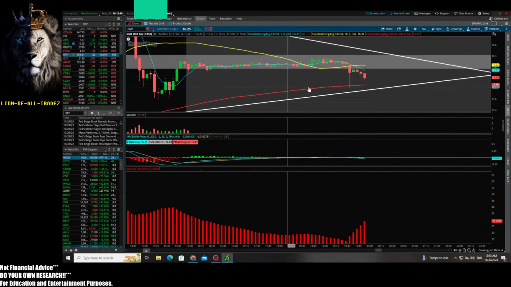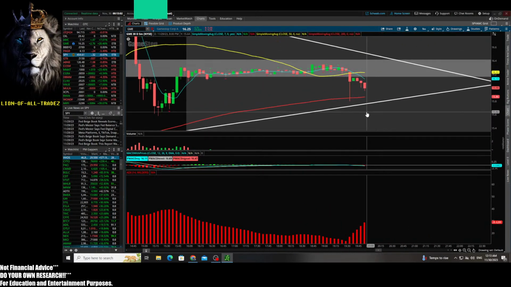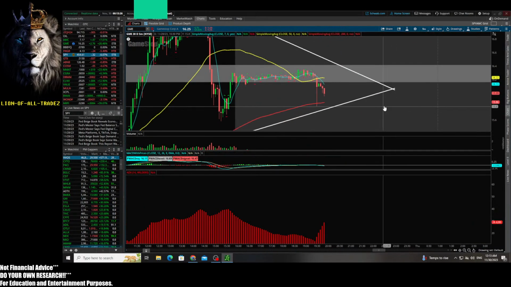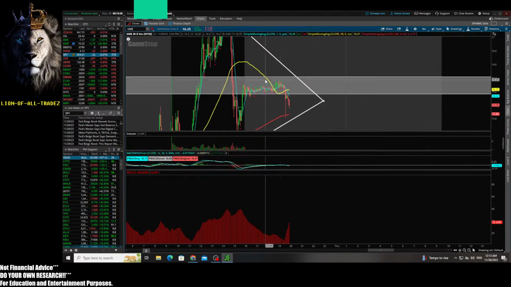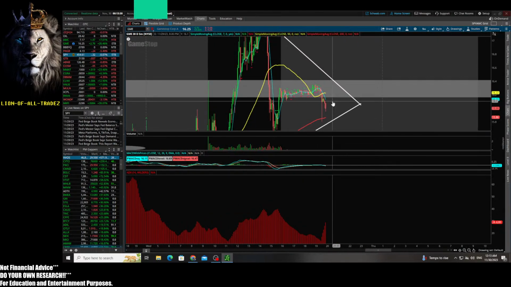I like to zoom in closer like that so you have a good idea of what's going on. The 7-day simple moving average is crossing over the 50. Same here. It's gotta stay above that 200. If not, it's trouble. Almost like a bear flag, if I say.